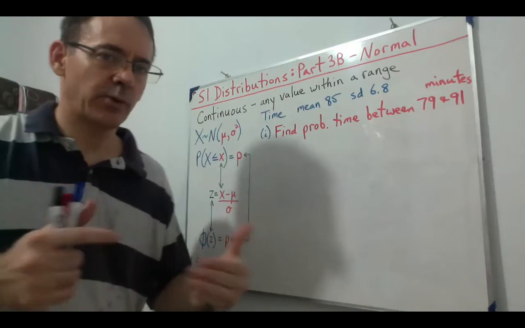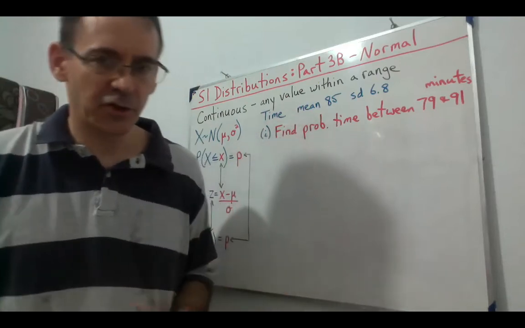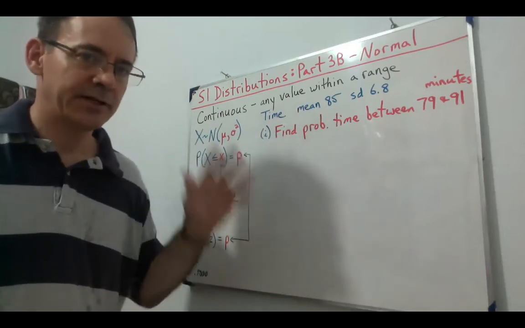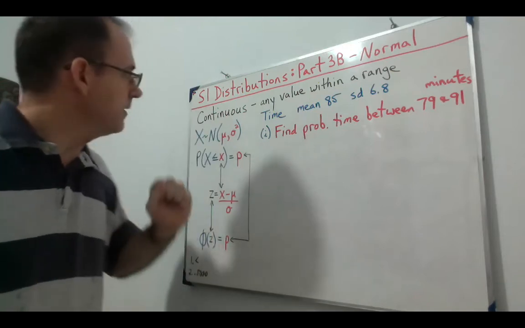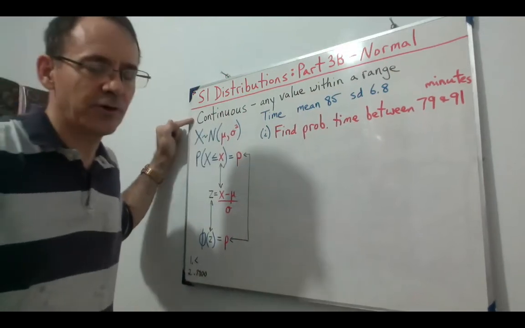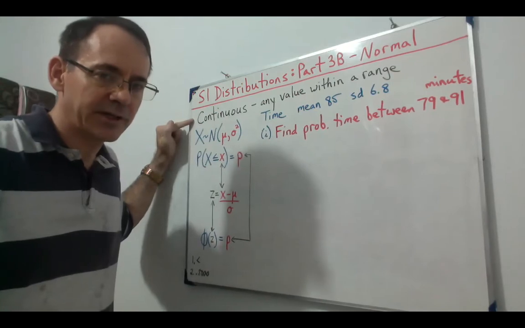Again, let's think our way through. They already tell you it's normal distribution, but you want to be clear in your thinking. So the first thing we're looking for, is it discrete or continuous?